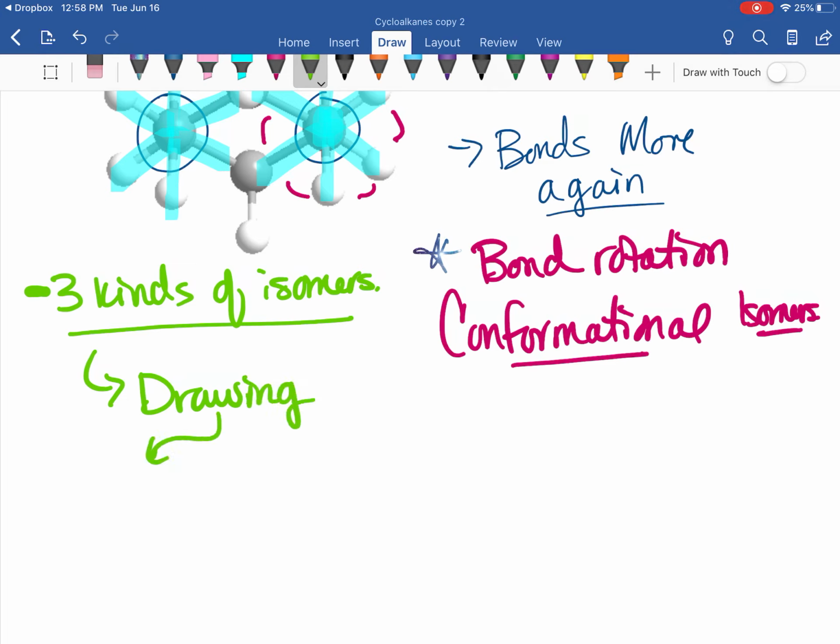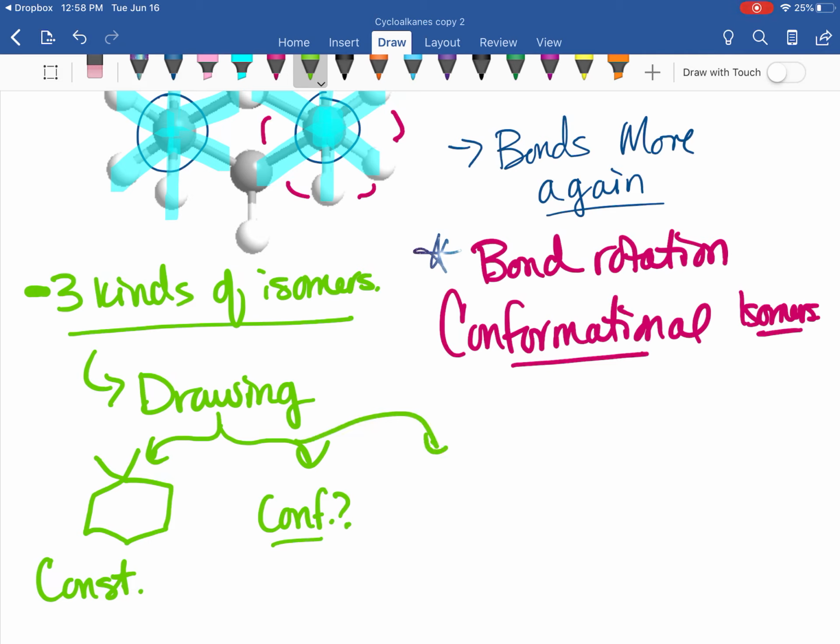So remember, we're going to draw just our skeletal stick structure for our constitutional isomers. Holy crap, what do we do for conformational isomers? And then what about our configurational isomers? We have to still include those bolds and dashes.